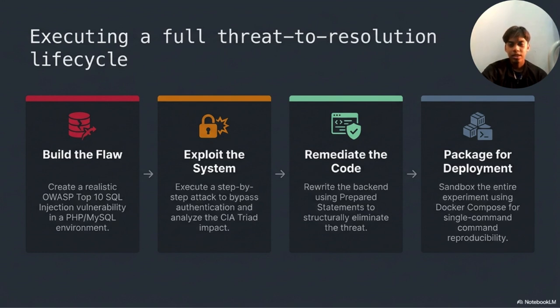After identifying the vulnerability, we remediate the code by replacing insecure SQL query construction with prepared statements and parameterized queries. And finally, we package the entire project using Docker Compose, making the environment easy to deploy and reproduce with a single command.